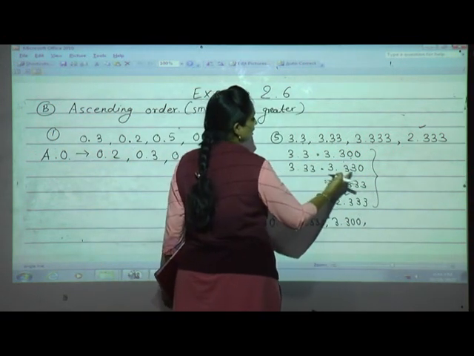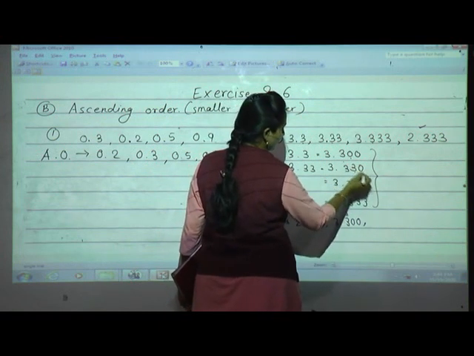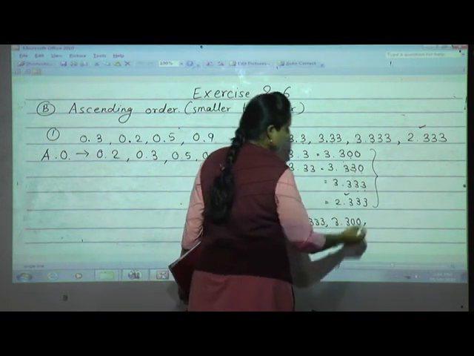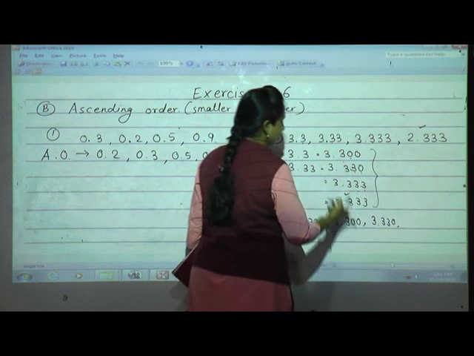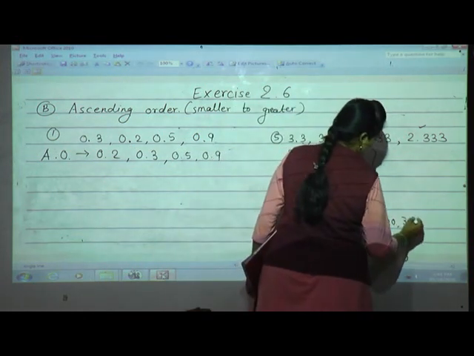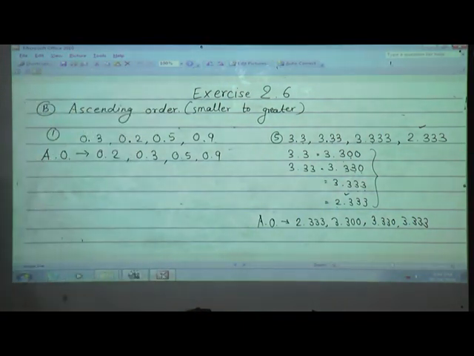Now next, go with the thousandths place, 0 and 3. Of course 0 is smaller, so you can write 3.330 and last 3.333. Clear, students? Are you getting?